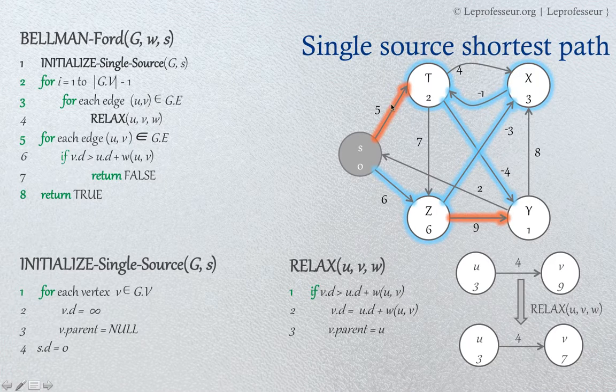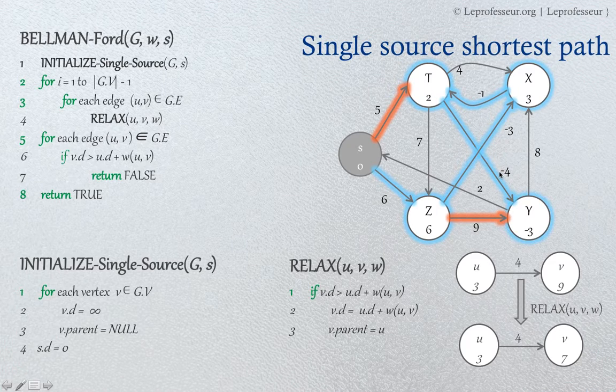The old parent of t, which was s, is gone now because we relaxed the edge between x and t. So we updated the new parent and new t dot d.